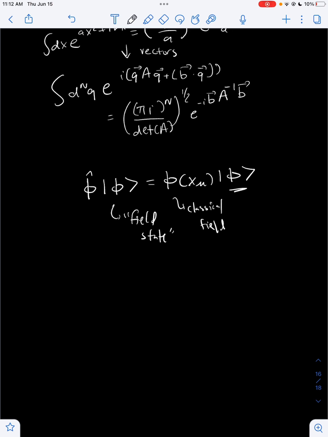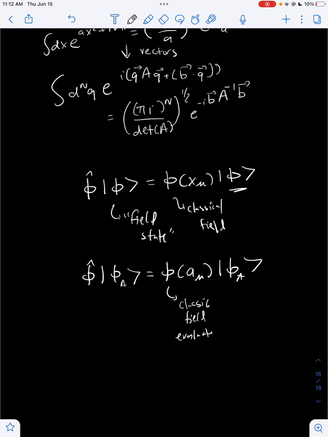So for example, our quantum field could act on the state phi A and give us out phi of A mu times phi A, where this is the classical field that's evaluated at A mu.